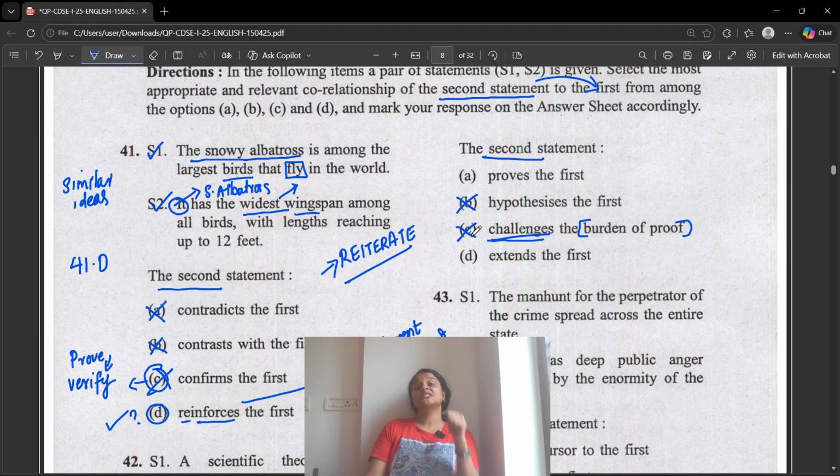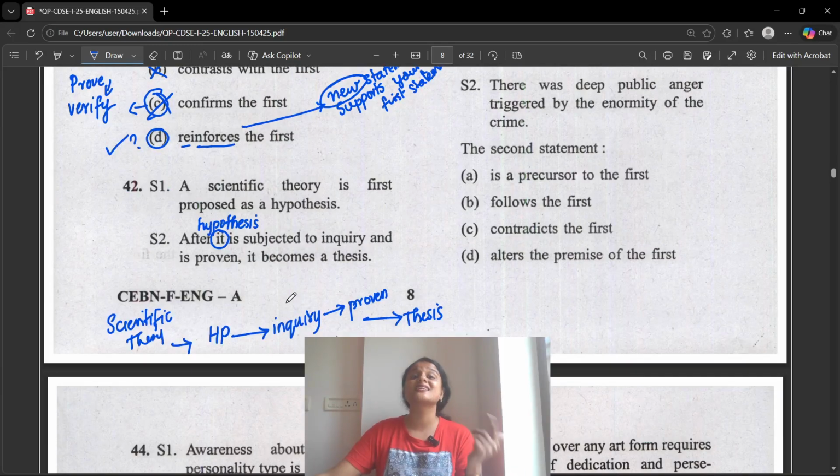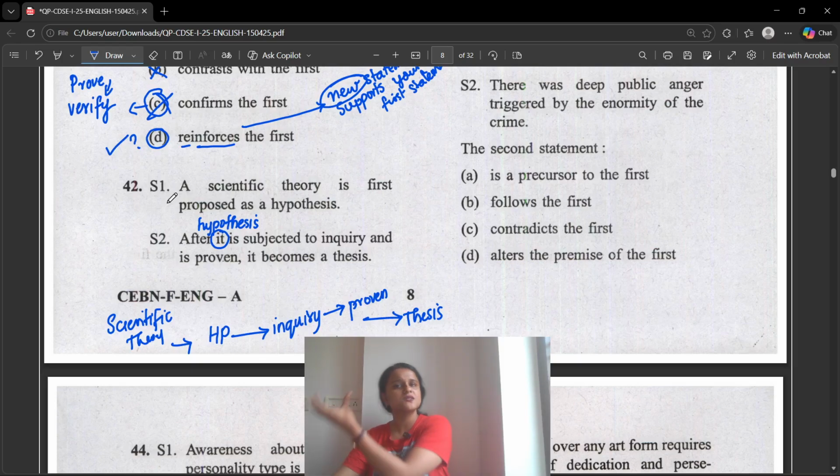Okay. Now the question is, is it A or D? Does the statement prove or extend the idea? Does it prove statement number 1? It doesn't prove anything of that sort. All it says is that statement 1 says that a scientific theory begins as a hypothesis. Statement 2 says a hypothesis after proof and inquiry becomes a thesis.